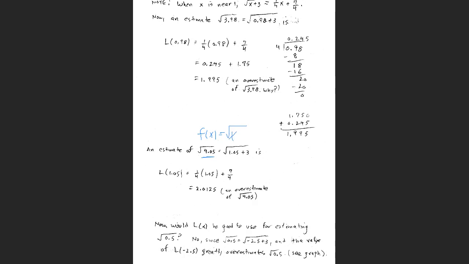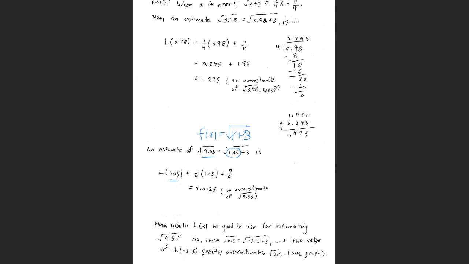So the square root of 4.05 would be equal to the square root of 1.05 plus 3. That's how you determine your x value.